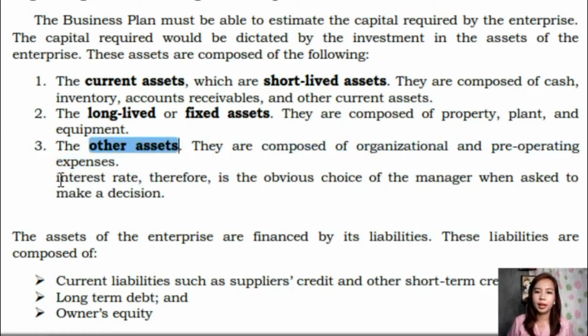Okay, so ayan yung mga interest rate, mga pre-operating expenses na nagagamit. Yung mga pre-operating expenses could be yung mga gagamitin nyo for the licensing, pag-enter ng inyong business sa mga government agencies, let's say for example, DTI, SEC, ganun.